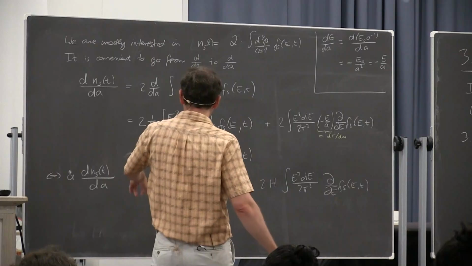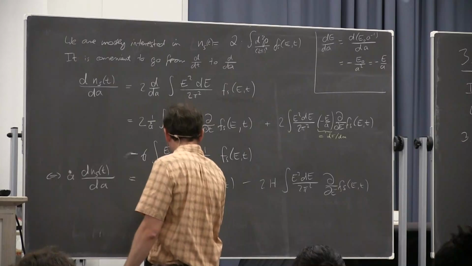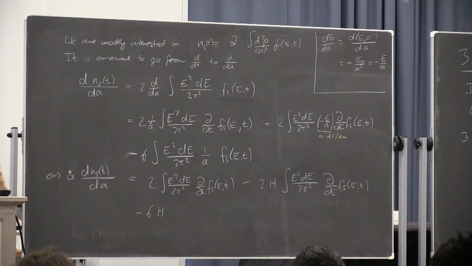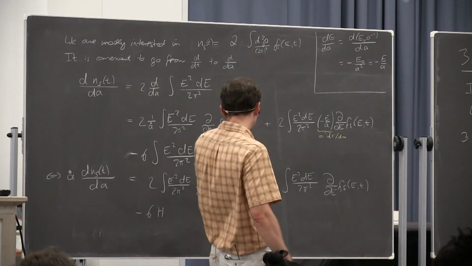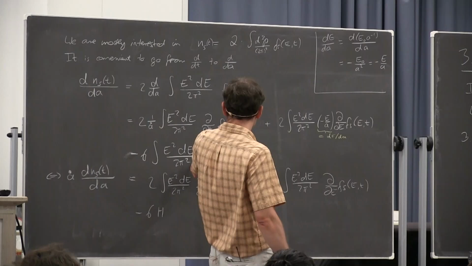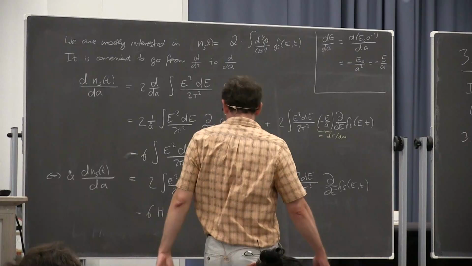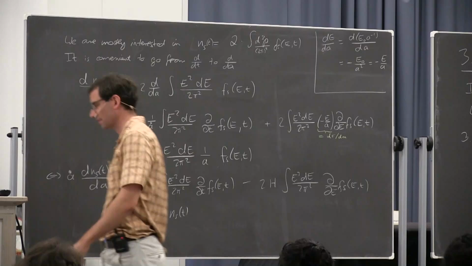And the third term here, I have again an A dot over A, so that's again a Hubble parameter, so minus 6 H times just the integral E square dE over 2 pi square times Fs, and this is just Ns. So minus 6 times H times Ns of t.